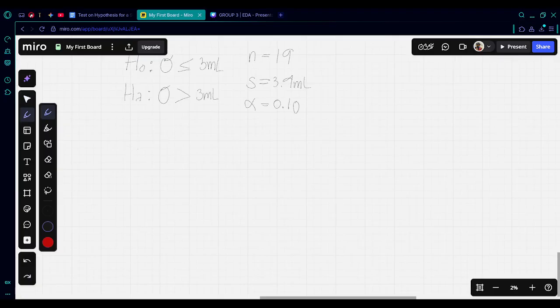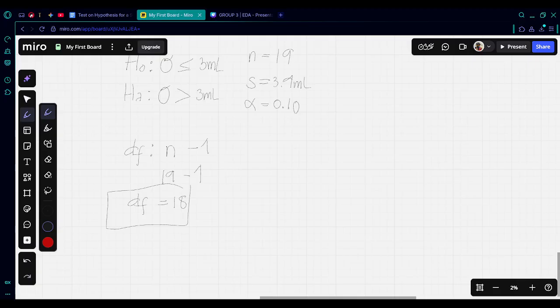This is the same as the previous problem, so step by step, we determine the degree of freedom with the formula n minus 1. So our degree of freedom is 19 minus 1, which is equal to 18.